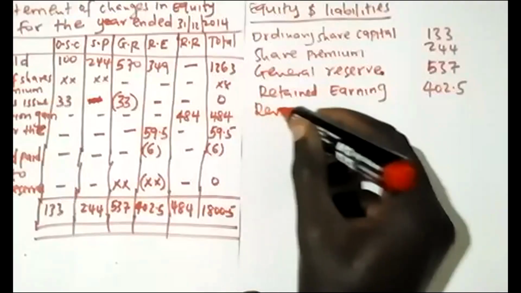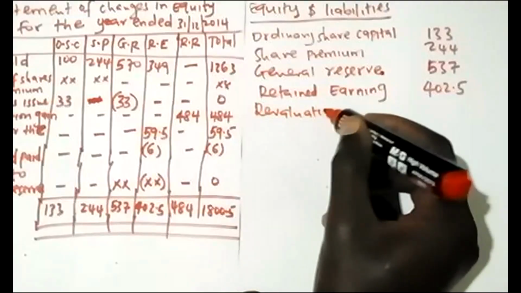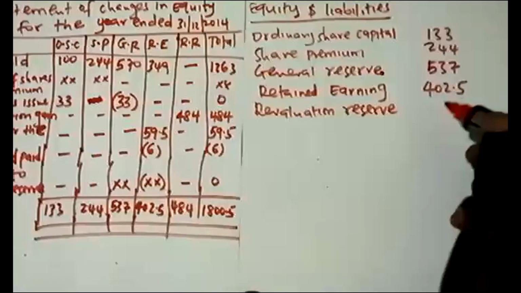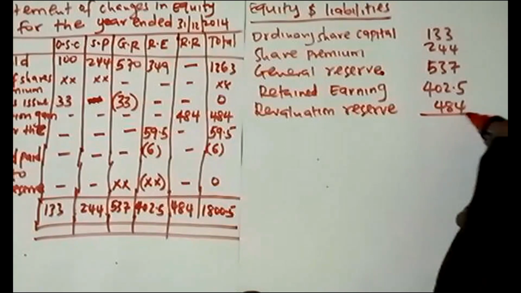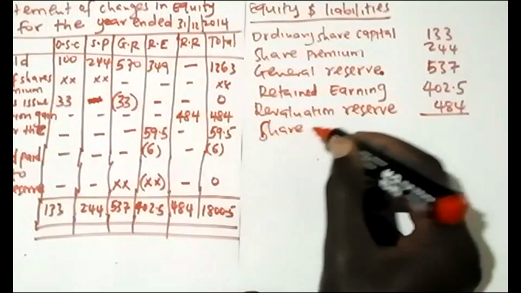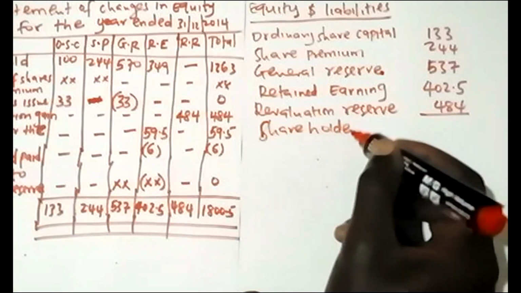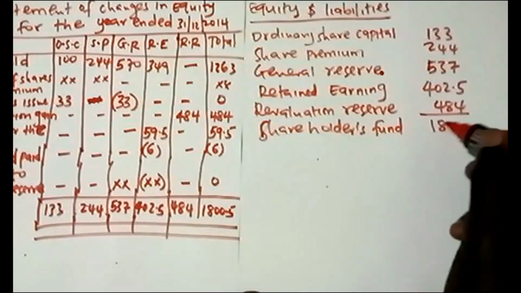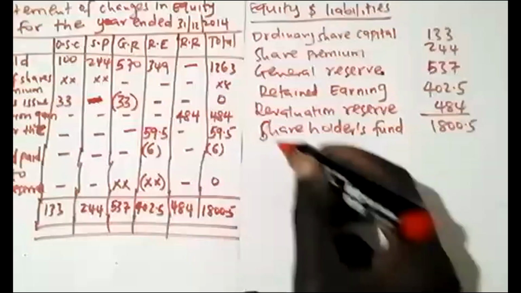Then revaluation reserve is 484. So up to that point, we call it shareholders' fund. Shareholders' fund is 1800.5.